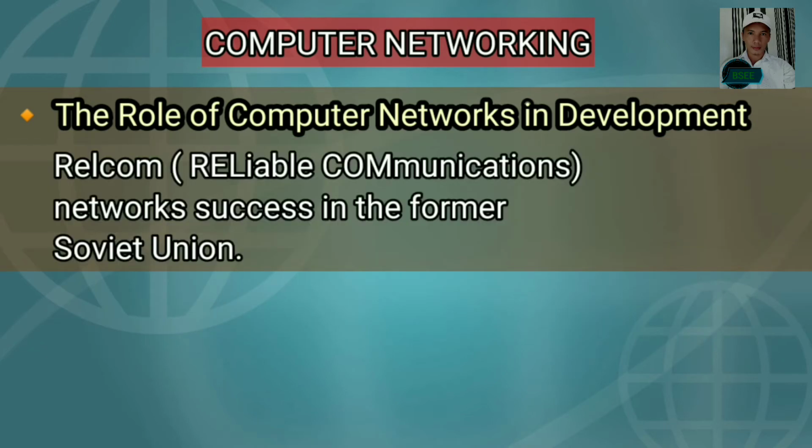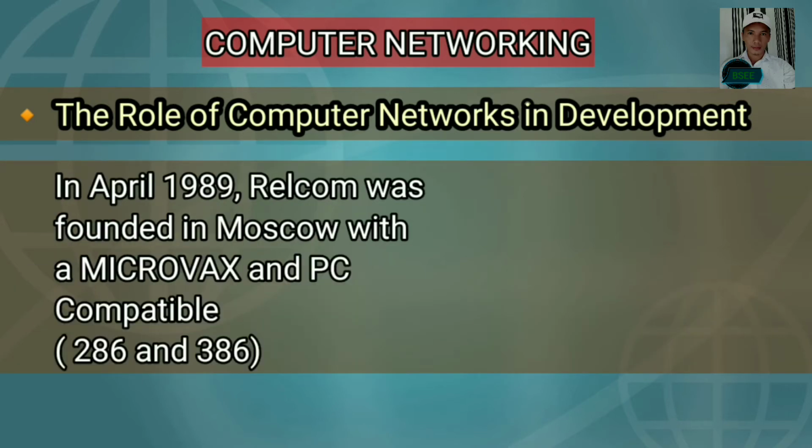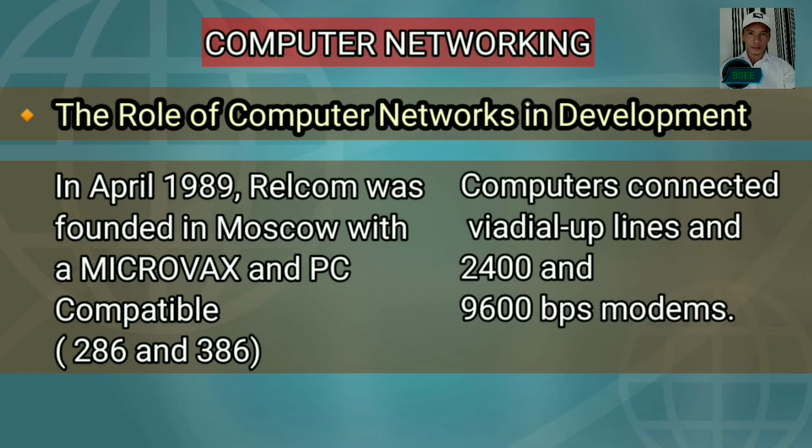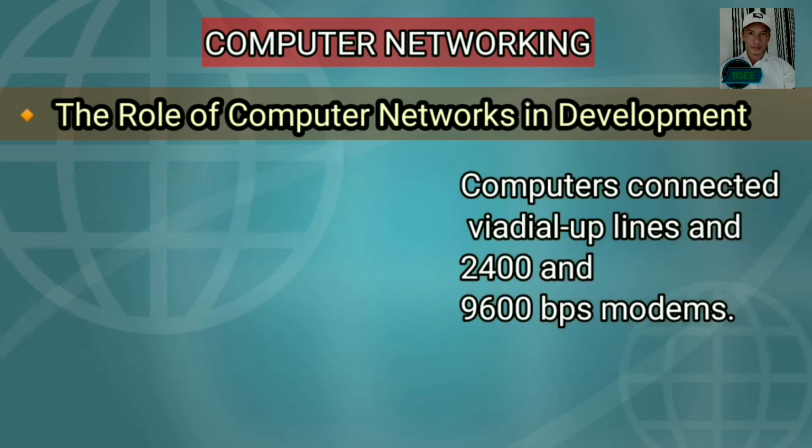Consider the RELCOM, Reliable Communications, network success in the former Soviet Union. In April 1989, RELCOM was founded in Moscow with a Microvax and PC-compatible 286 and 386 computers connected via dial-up lines and 2400 and 9600 bps modems.